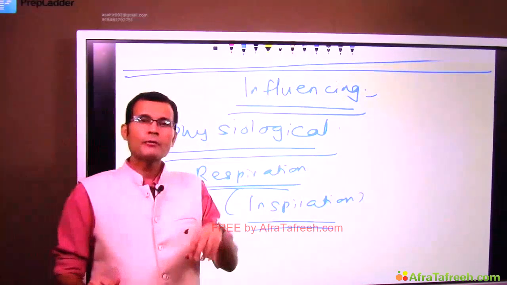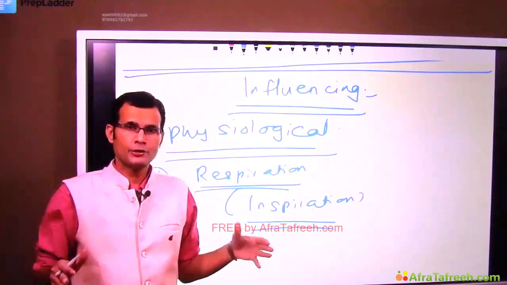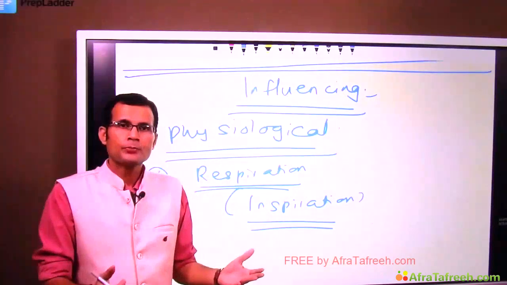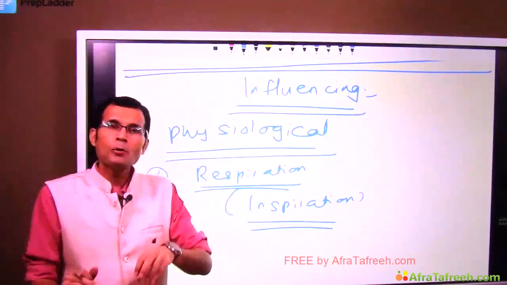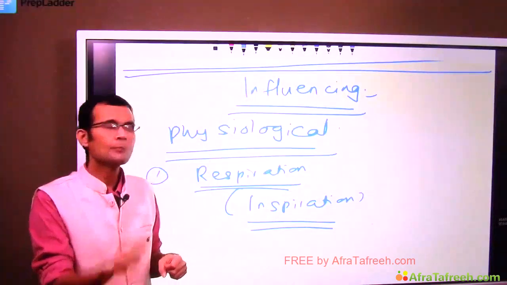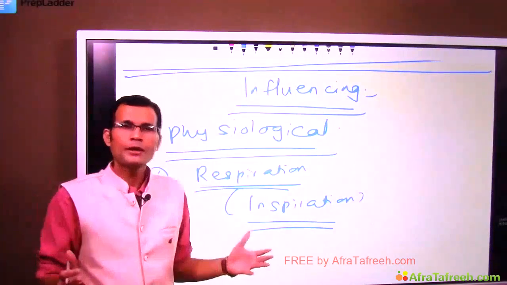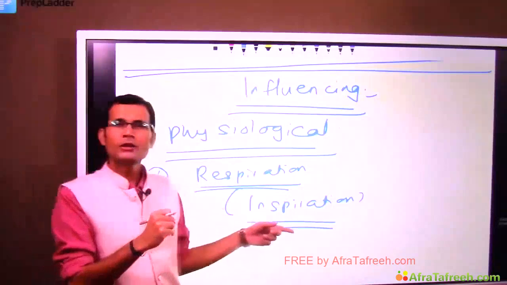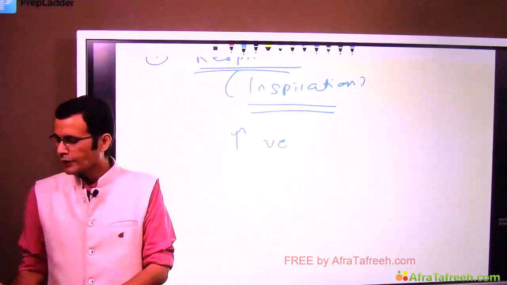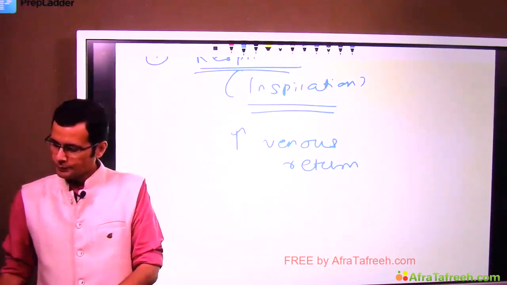You know, negative intrathoracic pressure. If you make a forceful inspiration, the intrathoracic pressure becomes more negative, and that means more blood will be sucked towards the heart. So remember, forceful inspiration increases the venous return to the heart, because more negative pressure will suck more blood towards the right side of the heart. So venous return increases, and therefore filling and stroke volume will also increase.